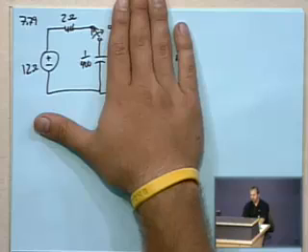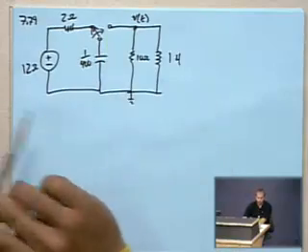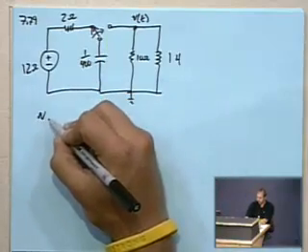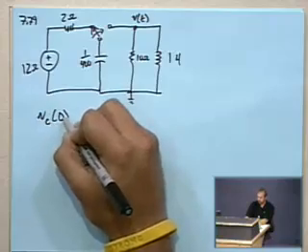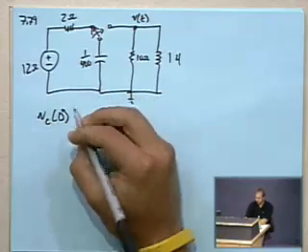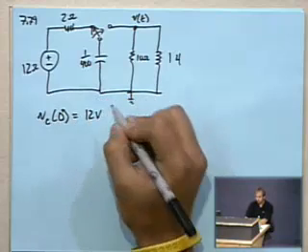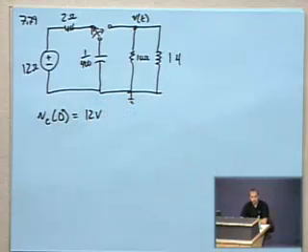If it's acting as an open circuit, then no current is flowing, so there's no voltage across the 2 ohm resistor, and all of the 12 volts is across the 1/400 farad capacitor. That gives you your first initial condition, that the voltage across the capacitor at time 0 plus, and this is one of the places where I screwed up, is 12 volts. So that's one of your initial conditions.